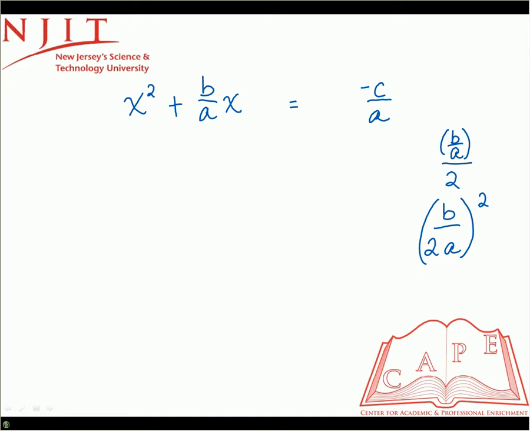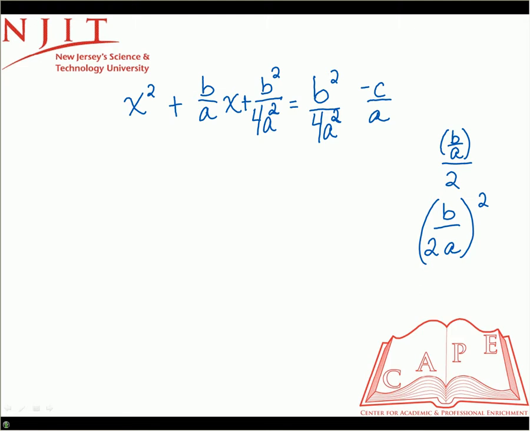When you square it, you get b squared over 4a squared. And of course when you write it on one side, you have to write it on the other side. So we're going to do the same thing: b squared over 4a squared.